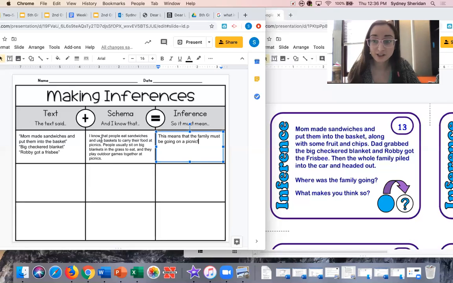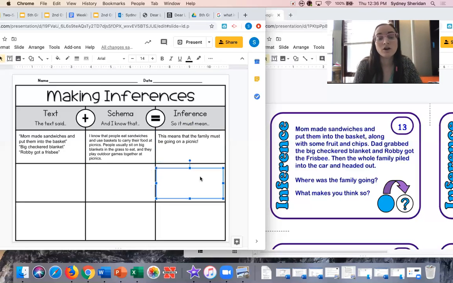I've been on picnics before, so I know that a lot of times people bring baskets of food. They might make sandwiches because those are easy things to bring to a picnic. And people play games outside, so you might bring a frisbee to a picnic. So I used all those pieces of information to make an inference, which was a conclusion about the text. That wasn't something that they directly said in the text, but it's something that I was able to tell was true based on all of that information that we just talked about.